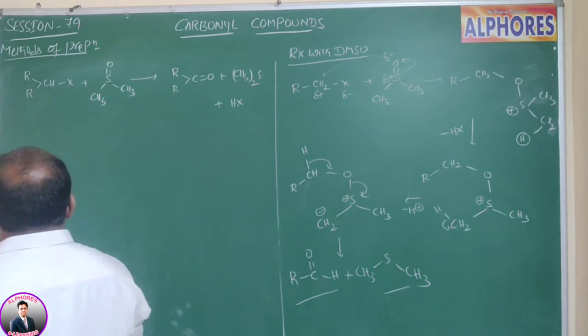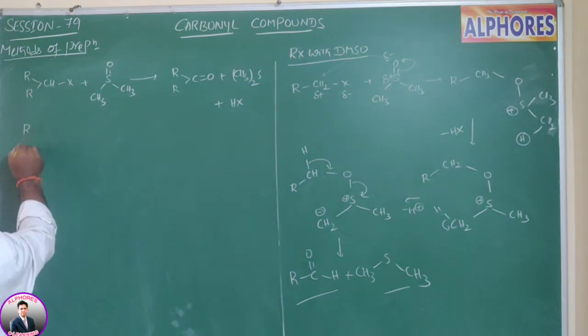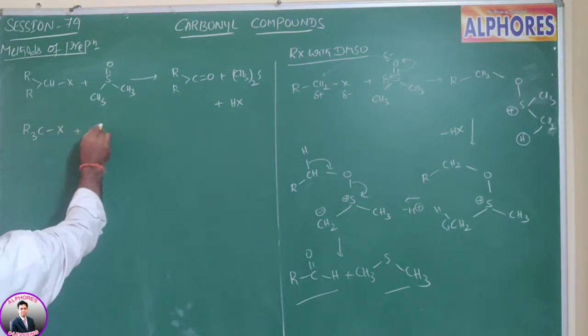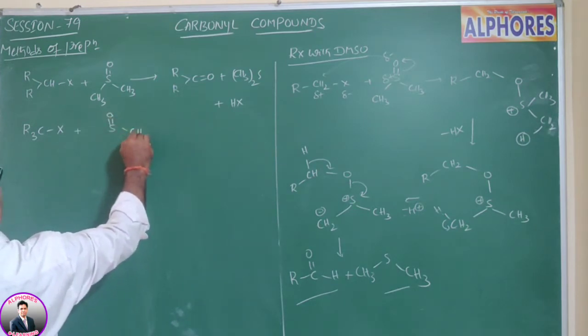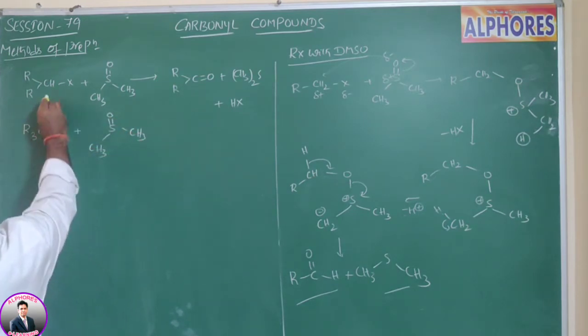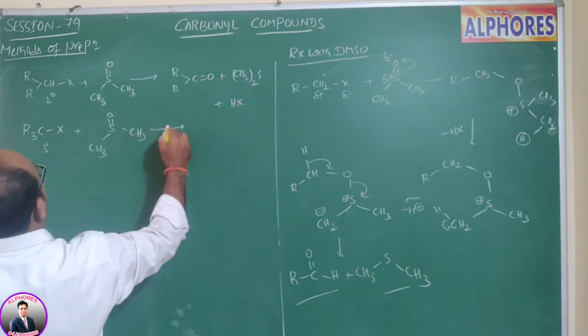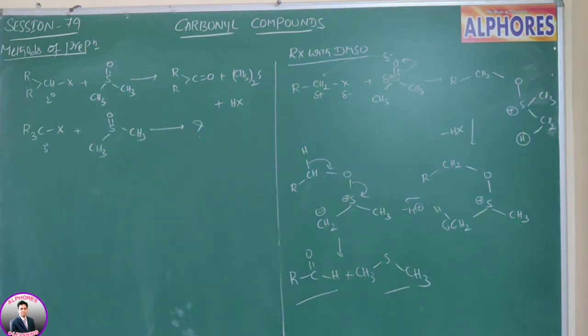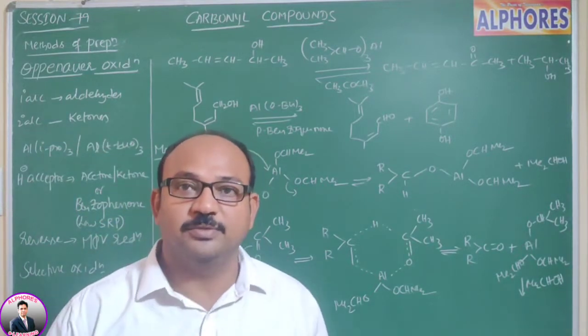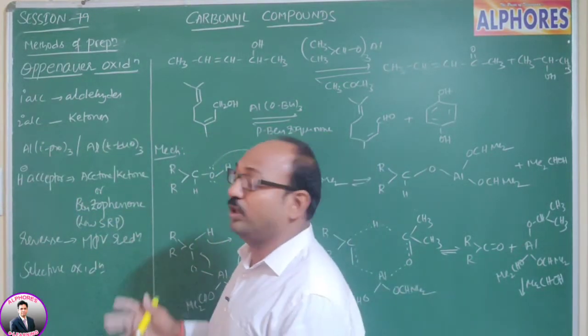So, is there any possibility for preparing carbonyl compounds with tertiary alkyl halides? This one is secondary and this one is tertiary. Then what products are we going to get? Try to write.